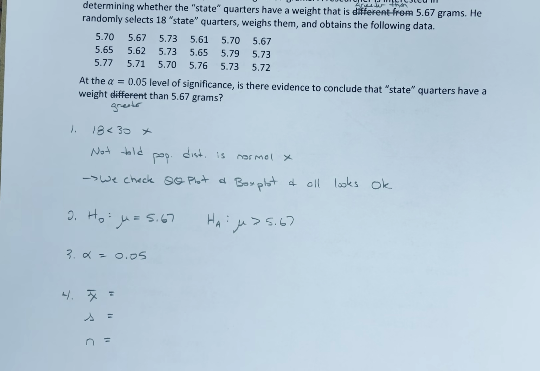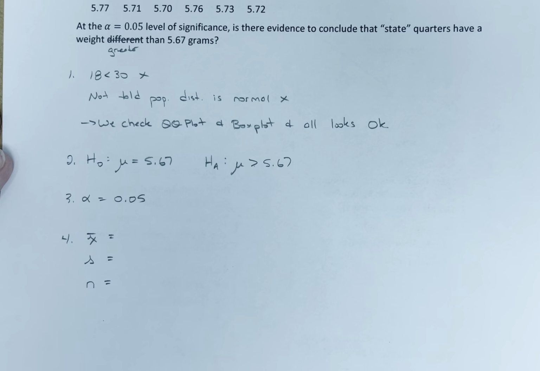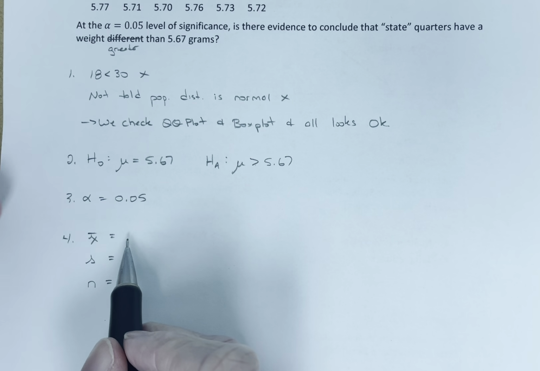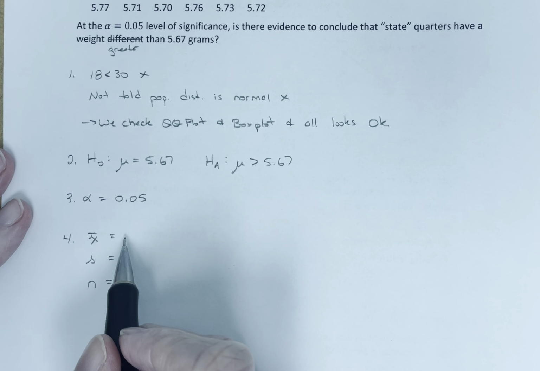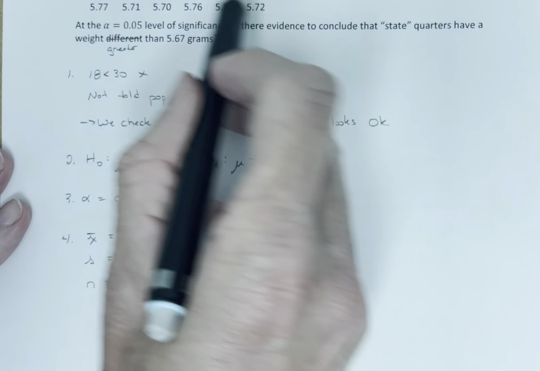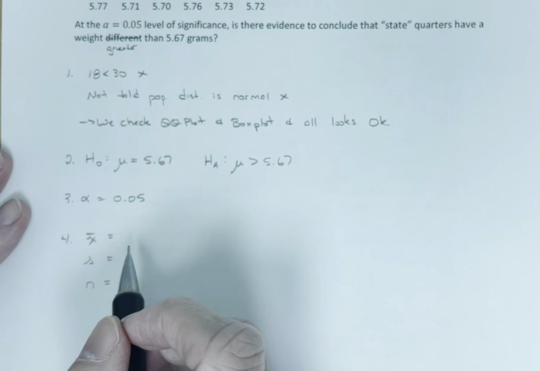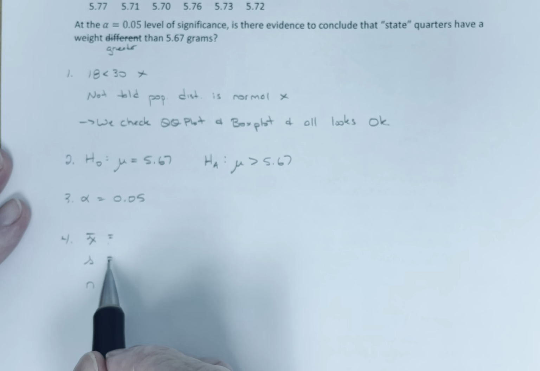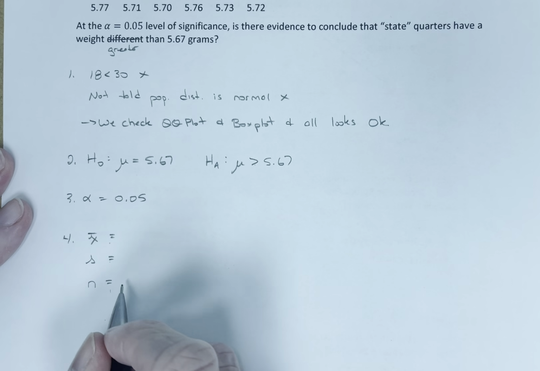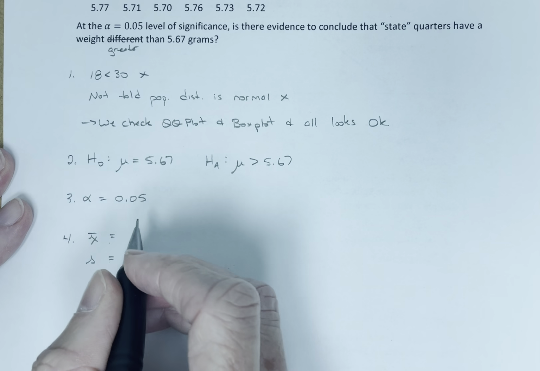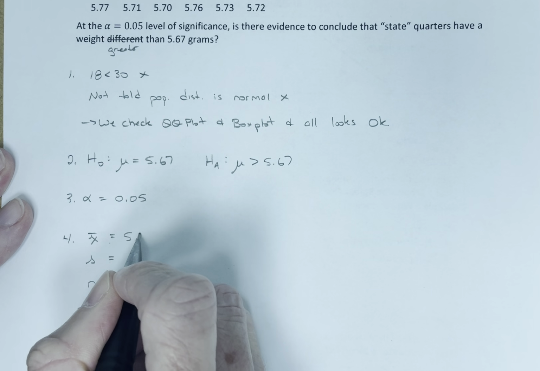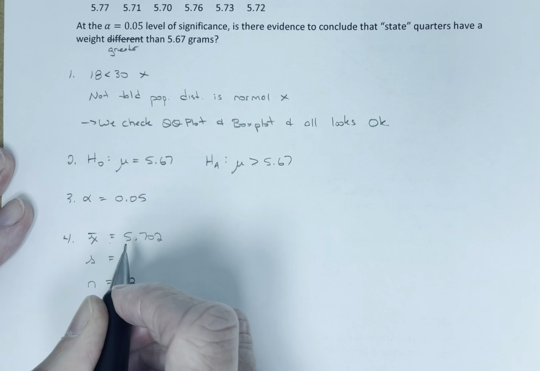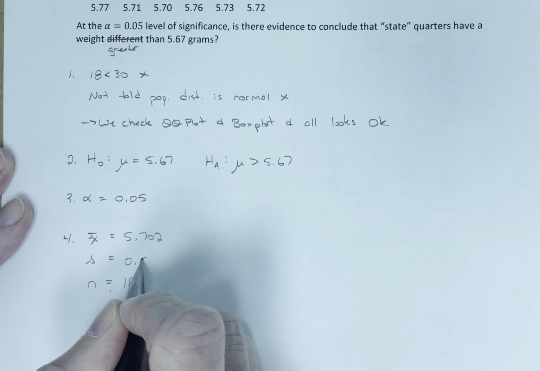I'll make a note here that I went into StatCrunch, put this data in, and had it do a summary stat: mean, standard deviation, and sample size. We know the sample size is 18, and my mean came out to be 5.702, and the standard deviation was 0.50.